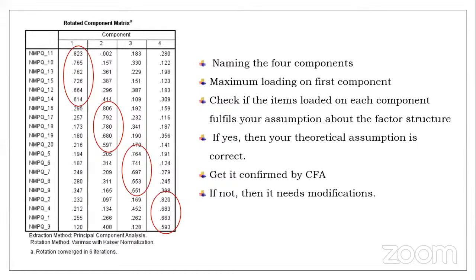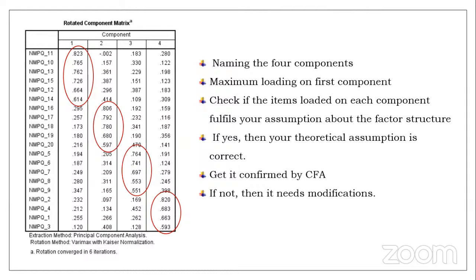Last table that we will be interpreting is the rotated component matrix. Okay, so this is the rotated solution. You get the component matrix first. We do not have to interpret the component matrix. Just for your own understanding, I explained it. But when you are reporting the results of PCA, you do not have to interpret the component matrix.